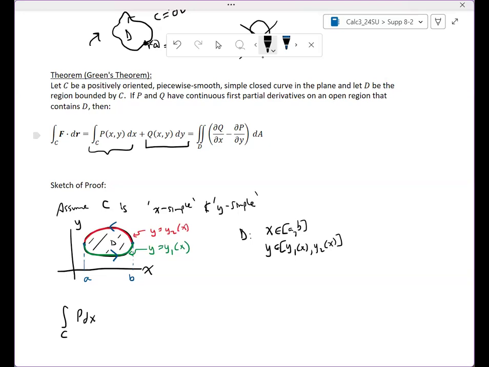I'm just looking at the integral of P dx. Now let me say that this green curve on the bottom here, I'm going to give it a name, C1, and this red curve on the top here, the name C2. So I see that the integral over the curve C, the whole loop, of P dx is the integral over C1 of P dx plus the integral over C2 of P dx.